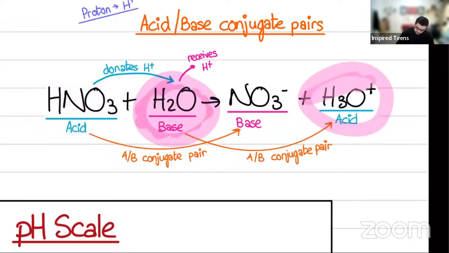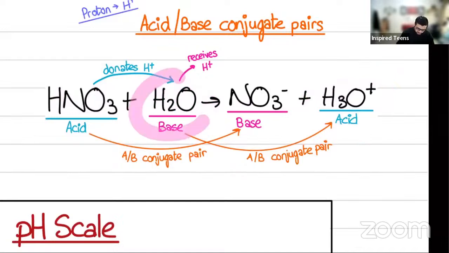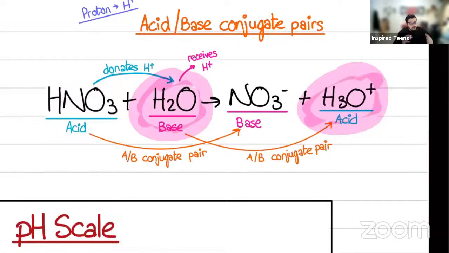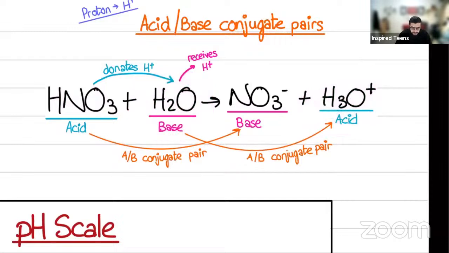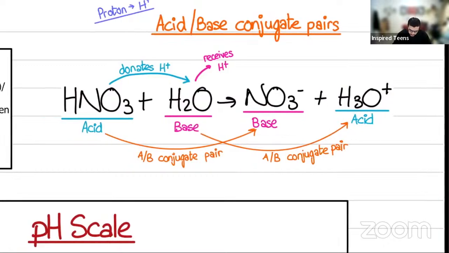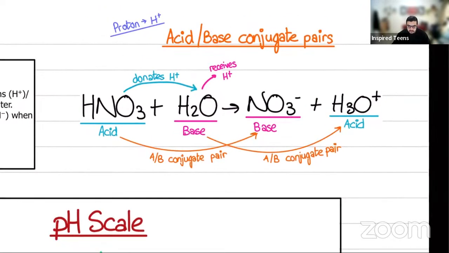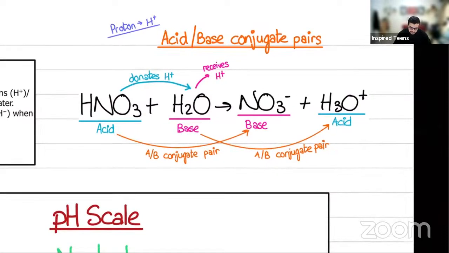Once you've identified the base, whatever its pair is on the right-hand side, which is H3O plus, because that's what it becomes, is definitely going to be the opposite, which is an acid. And it forms an acid-base conjugate pair. I hope this makes sense so far. If you have any questions, please feel free to ask me to clarify anything if you're still confused about this whole acid-base conjugate pair thing. But basically, that's that.